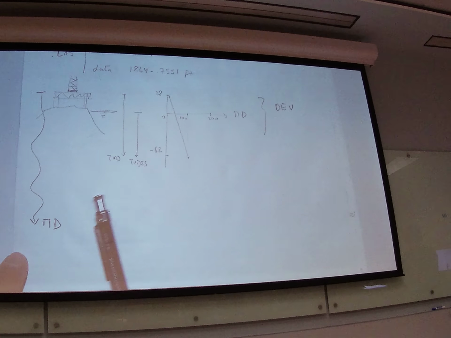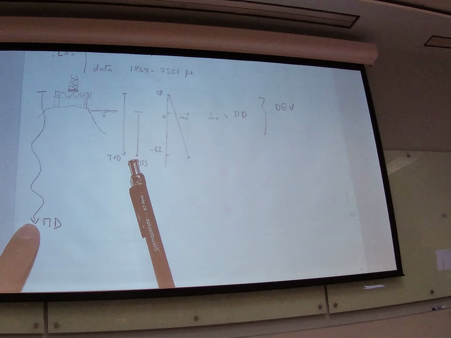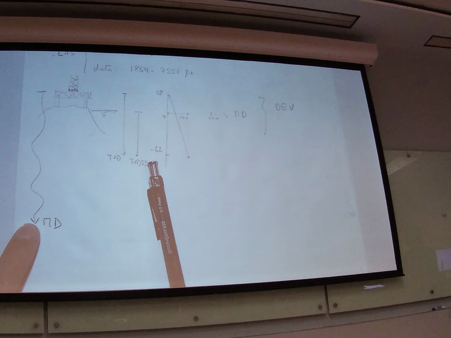Okay, in that file you have measured depth, you have true vertical depth, and also you have true vertical depth sub C.